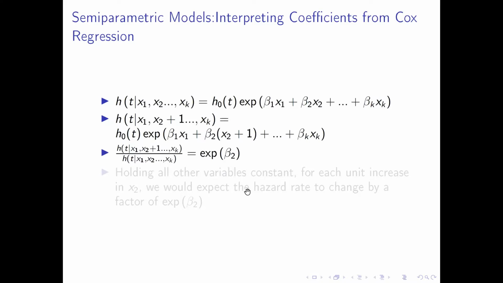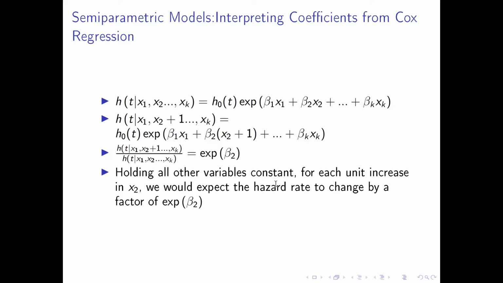What's the interpretation? Holding all other variables constant, for each unit increase in x2, we would expect the hazard rate to change by a factor of the exponential function of beta 2. If the exponential function of beta 2 is greater than 1, we would expect the hazard rate to increase.